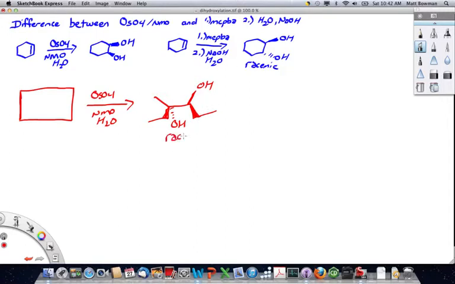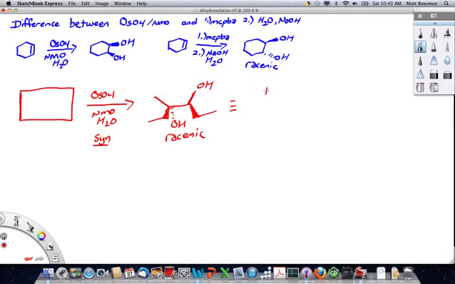And you have to tell me what the starting material was. For that, you have to figure out the conditions and label them as either syn or anti. Osmium tetroxide, NMO, water, that's syn. So we have to take this molecule and redraw it so the two OHs are syn.